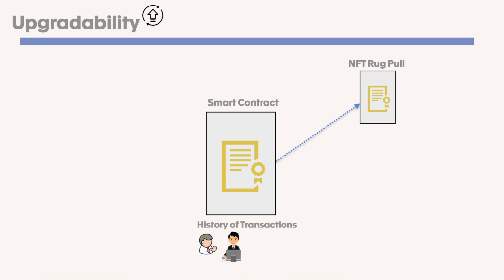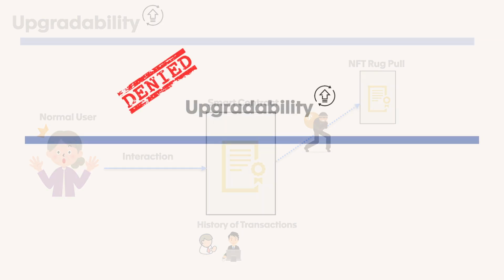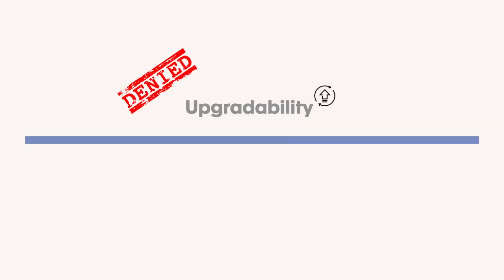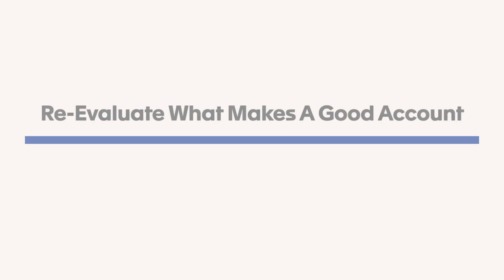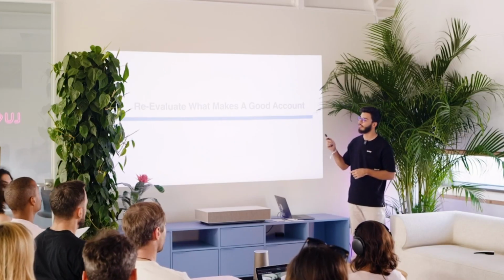And because everything is public on the blockchain, we can see that a reputable person, an important figure in the blockchain space, interacted with this account, and then people will be fooled into interacting with this contract and have their money stolen. So upgradability shouldn't be acceptable in smart contract accounts, and we need to reevaluate what makes a good account: immutability, modularity, and yeah, I think that's it.